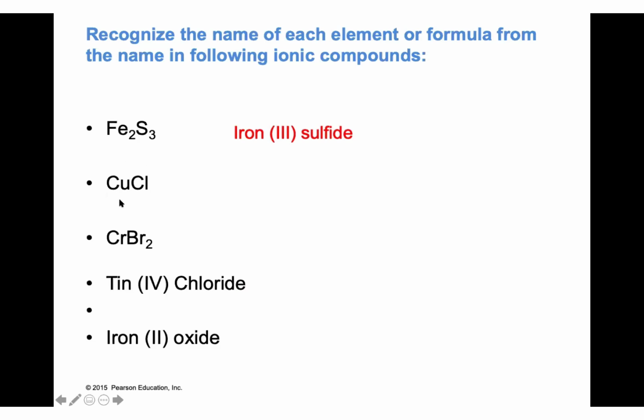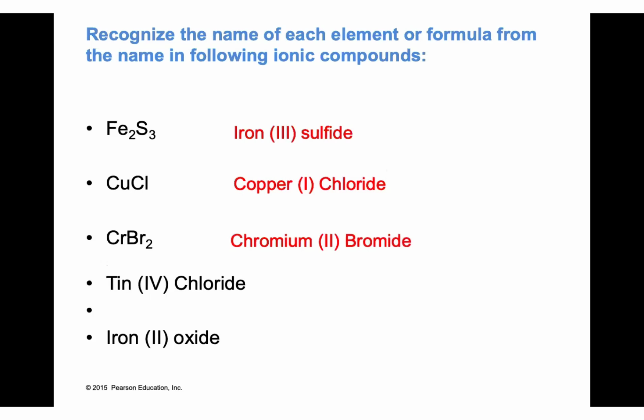So it's going to be copper(I) chloride. We don't write down the charge of the anion here, right? Because we have already included it as -ide. Whenever it's negative, we already include it in chloride. So what about the third one?